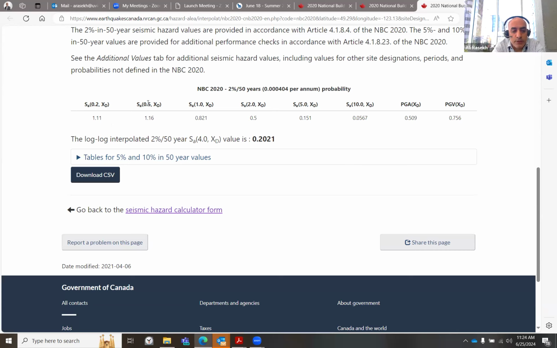And so what if your period is 0.5? What is this one? I am in a tall building. We already forgot how many floors are in here, maybe about 20 to 30.